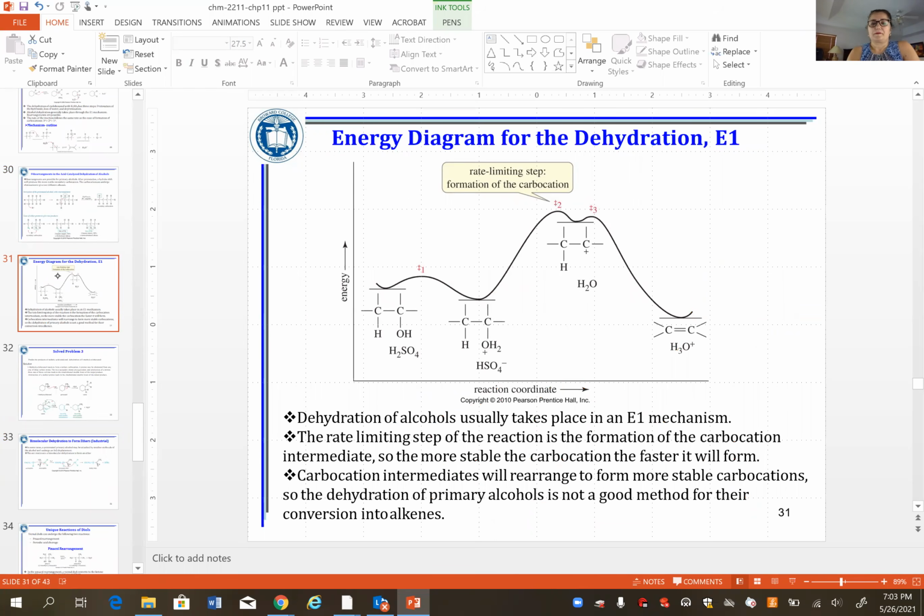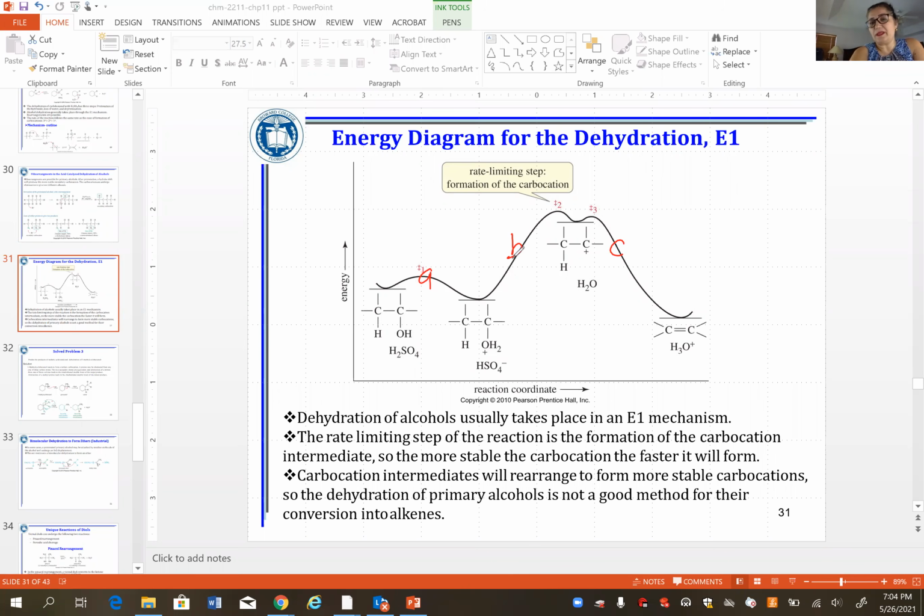Okay. The steps for dehydration. There is a possibility that you get a question like this on the exam, in which you have to identify the different steps. If this diagram is given without any of these writings, this would be A, and this would be B, and then C. Step 1 is protonation.